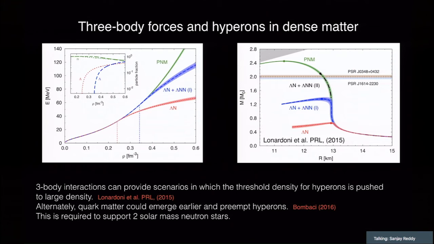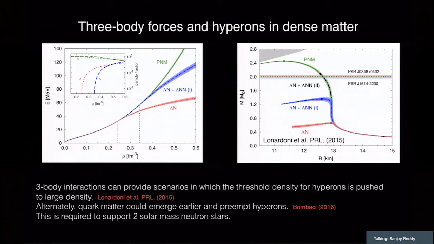And what one sees is that if you just have lambda-neutron interaction, that interaction is attractive at low density, and for that reason, the lambda particles appear very early in dense matter. So you can see the density at which the lambda particle appears if you just have two-particle interactions in the inset. That appears at about 0.25 fm^-3. So that's less than twice nuclear density.